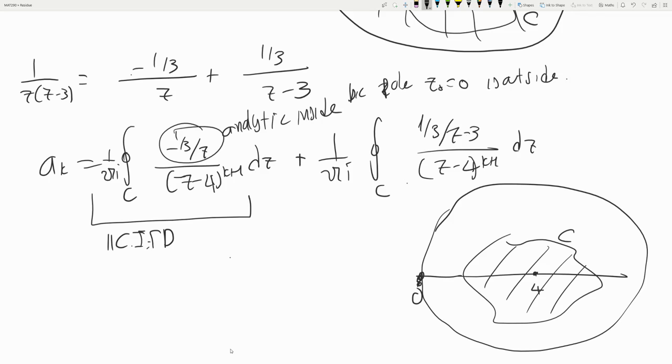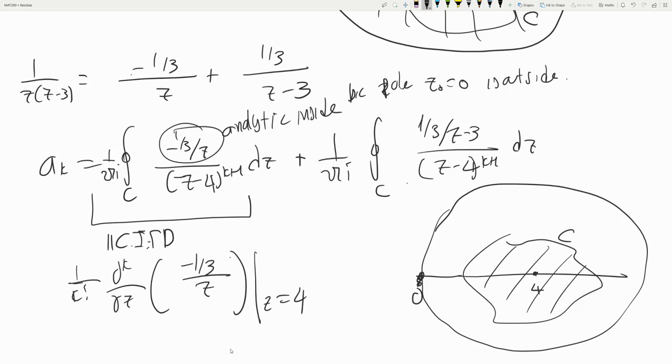Okay, so if we do that, we get 1 over k factorial, and then the kth derivative of minus 1/(3z) evaluated at z equal 4.